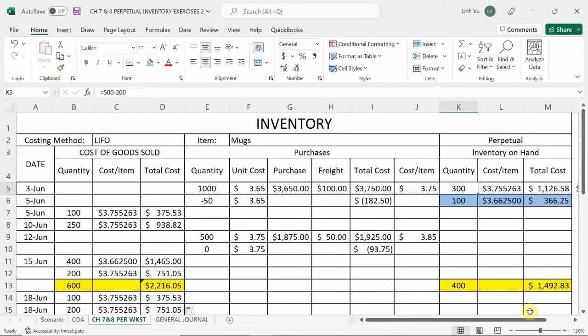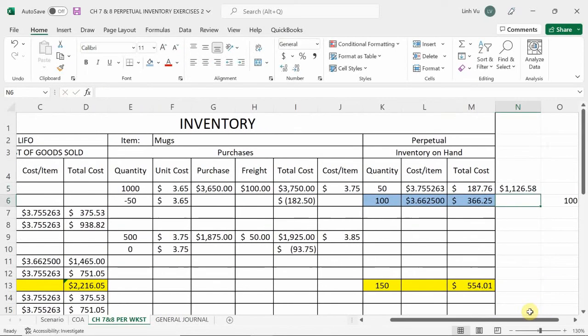So let's go ahead and take this out. 300 minus 250 will leave me with 50 units remaining.